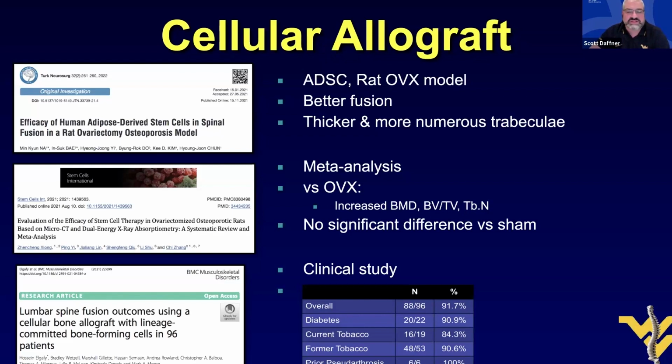The bottom study is actually a clinical study using a cellular allograft. Again, they didn't look specifically at osteoporotic patients, but in a cohort of patients that have all sorts of other risk factors for pseudoarthrosis, they were able to get excellent fusion rates using the cellular allograft.